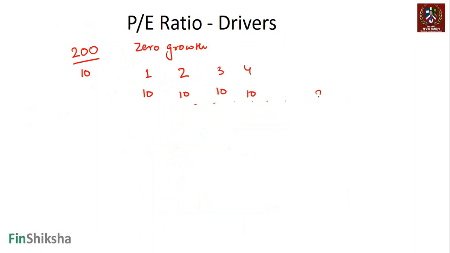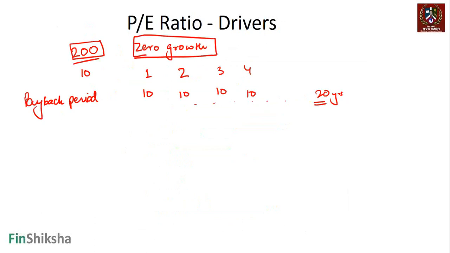This is going to take you 20 years to recover your initial money. In other words, the payback period is 20 years. Assuming zero growth, the payback period is 20 years. So that's the PE ratio. That's what we saw was the PE ratio, right? This assumes zero growth, right?